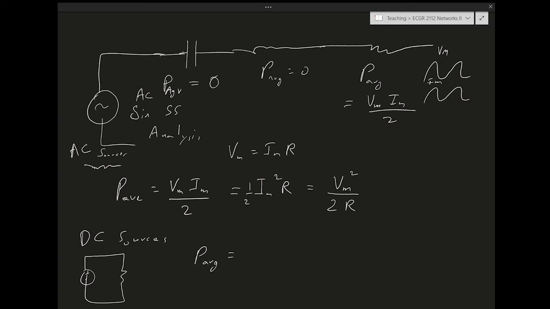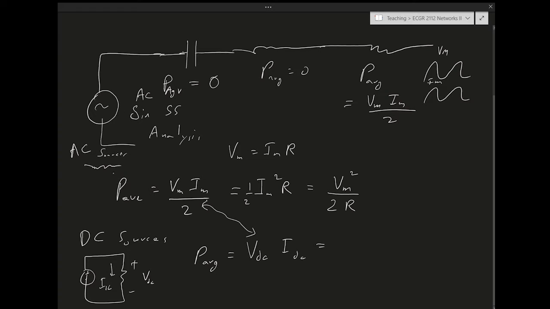They're not wiggling with respect to time. The average power then follows from the power law: it's just VDC times IDC. So notice it's different. DC analysis and AC analysis give us different formulas for the average power.